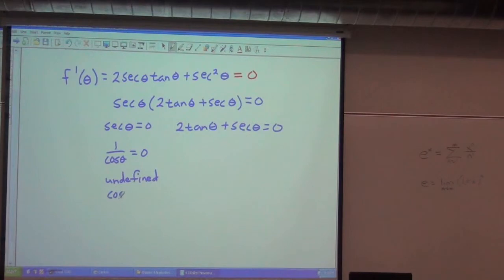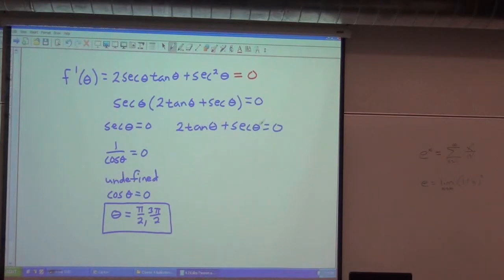So we need to figure that out. Cosine is 0 when we go straight up or down, so it's at pi over 2 and 3 pi over 2. So those are critical numbers. If it had said look for extrema, we want to check those values for theta.